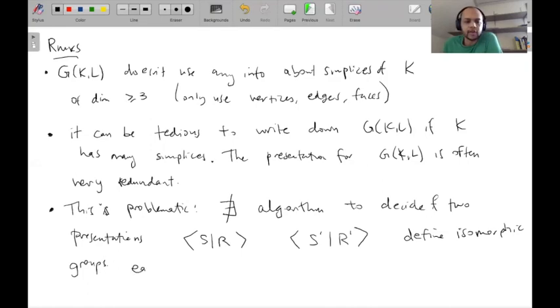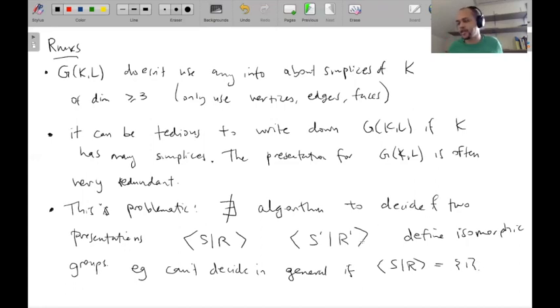So for example, you can't decide in general if a given presentation is the trivial group.